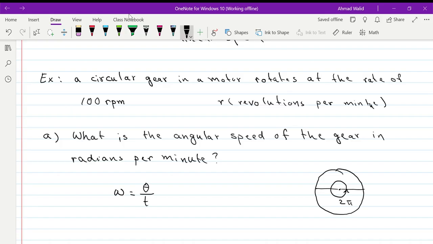In this formula, the angular speed is given to you. Omega is 100 RPM. Also, t is given, 1 minute. How should I know? Because they said, what is the angular speed of the gear in radians per minute?